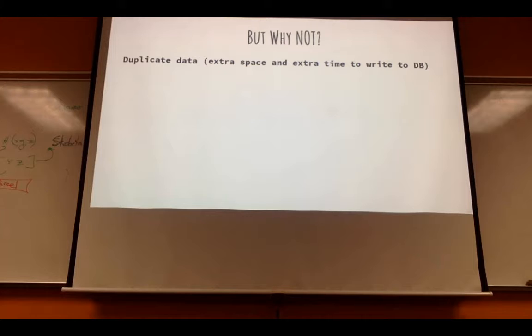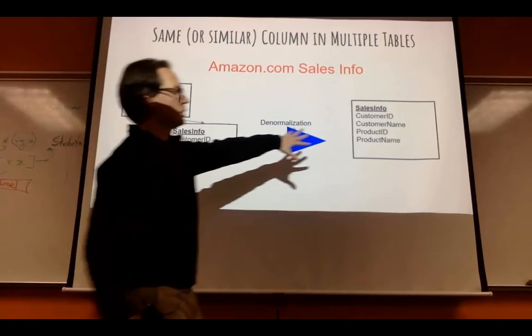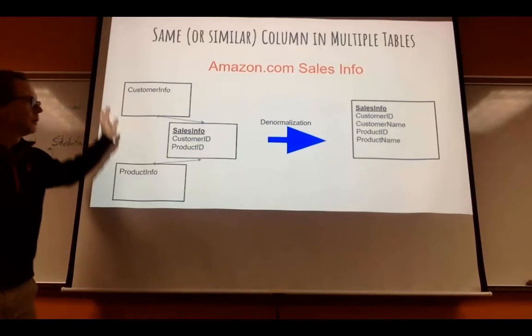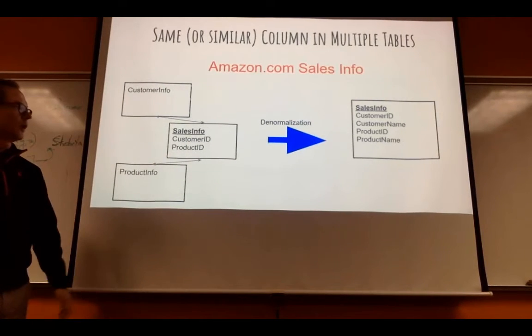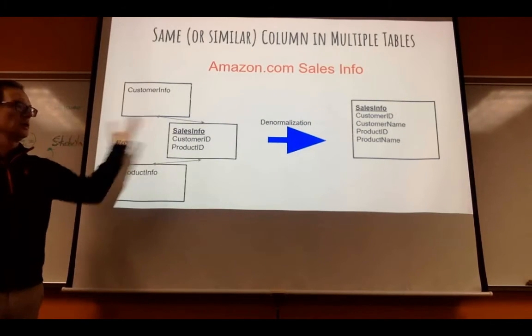So you might not want to denormalize if it's a lot of space and a lot of time. You don't want to be churning, right? So in this example, you don't want to be trying to keep your sales info up to date in real time with the actual sales data coming in, because you would just be churning.